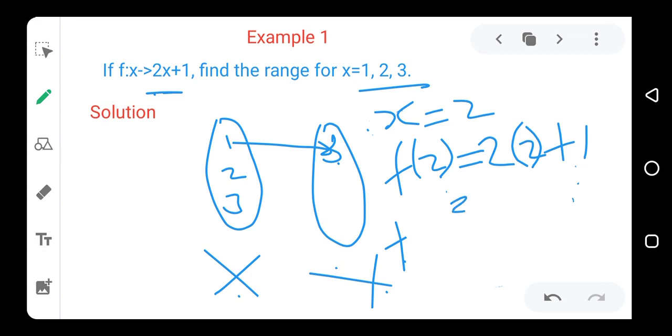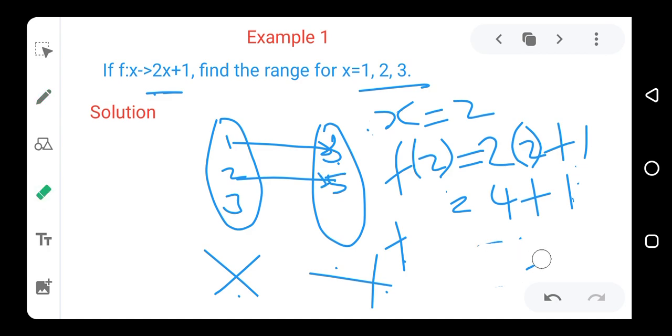So we have 4 plus 1, which is equal to 5. So when x is equal to 2, f of x is equal to 5. So the image of 2 is 5 in the codomain.